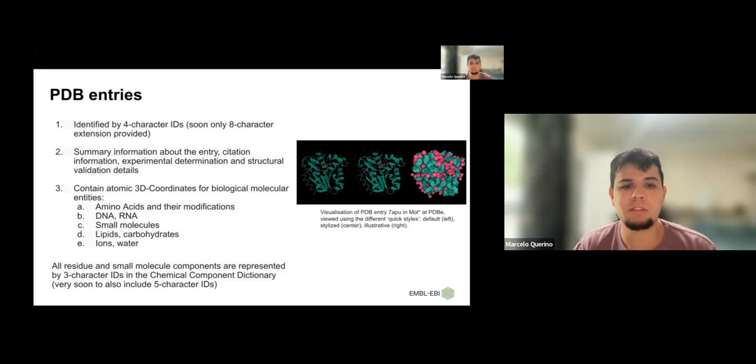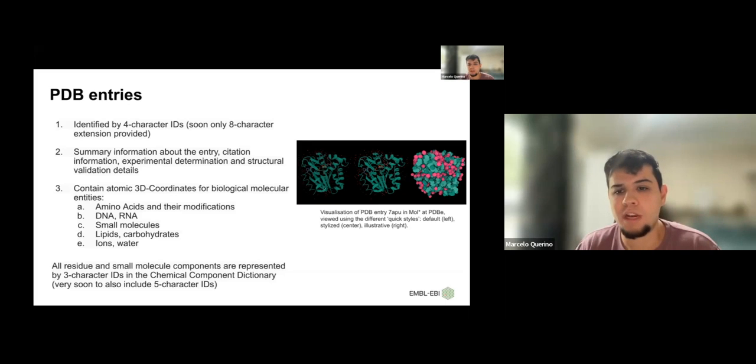What we are usually interested in is the atomic 3D coordinates for the biological molecular entities that are contained in a PDBe entry. These are amino acids and their modifications, DNA, RNA, small molecules, lipids, carbohydrates, ions, and water, for example. And with these 3D atomic coordinates, we can visualize the structure.